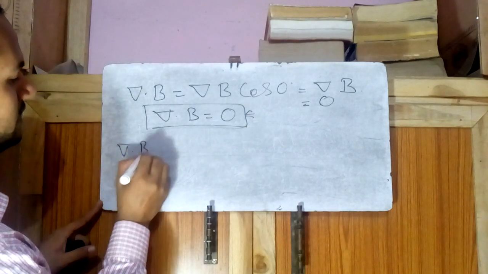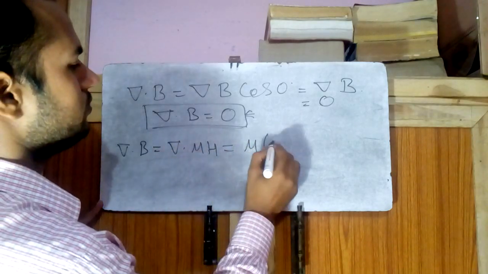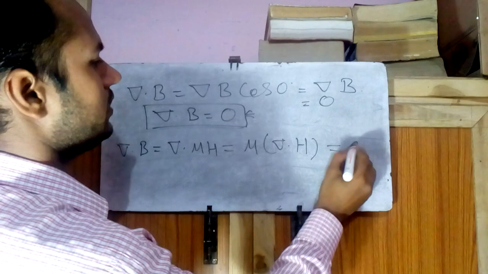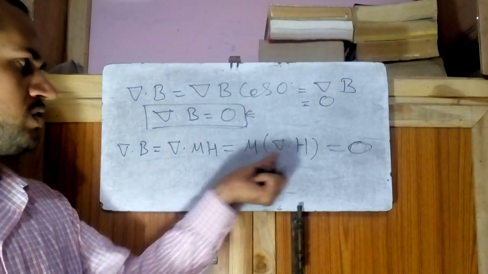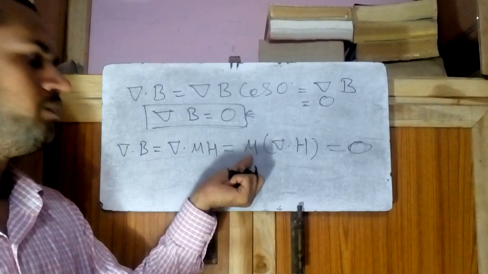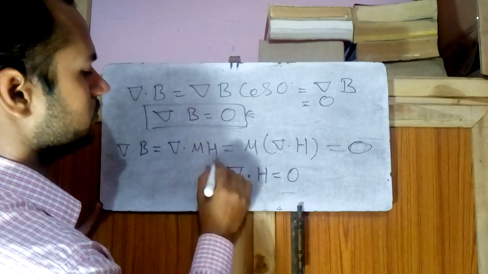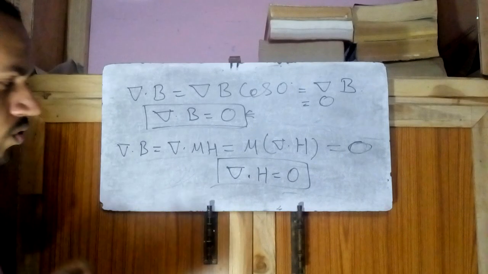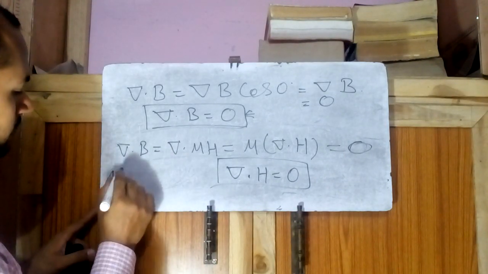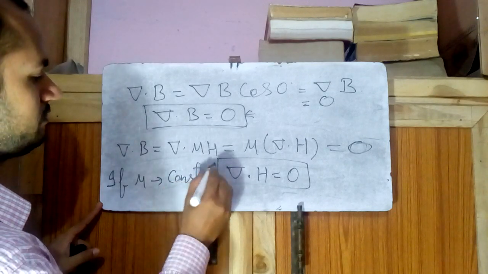So using this equation, del dot B is equal to del dot mu H, which is equal to mu del dot H, and that is 0, right? Mu comes outside of the derivative only if mu is a constant. So del dot H is equal to 0 only if mu is constant, right?